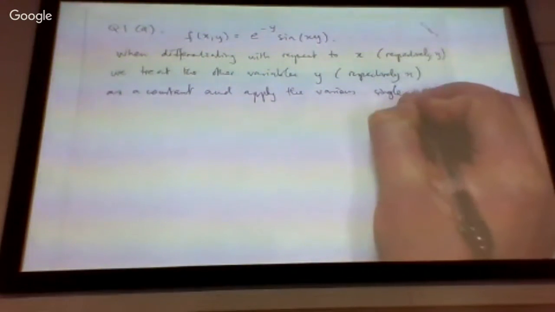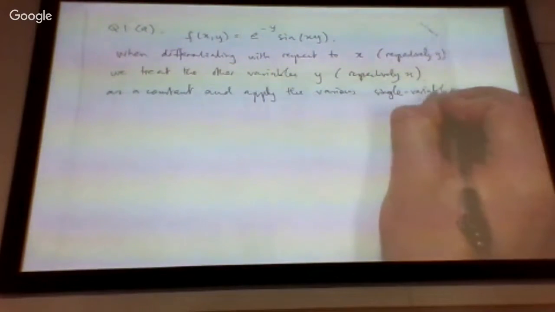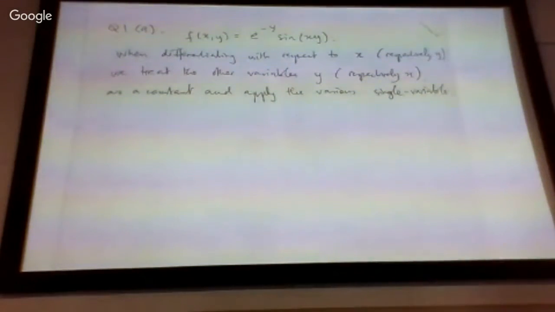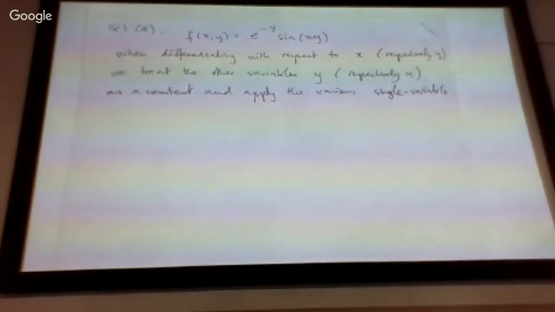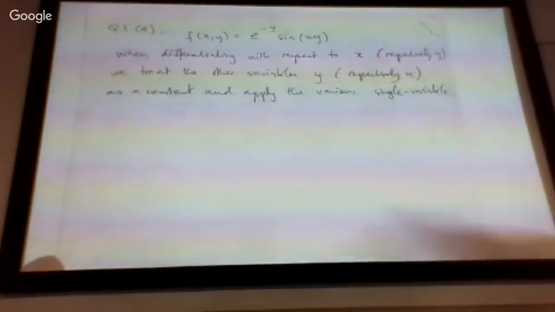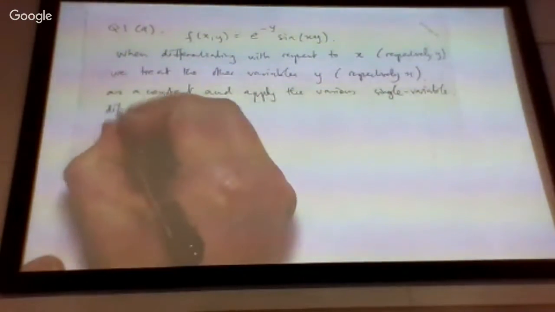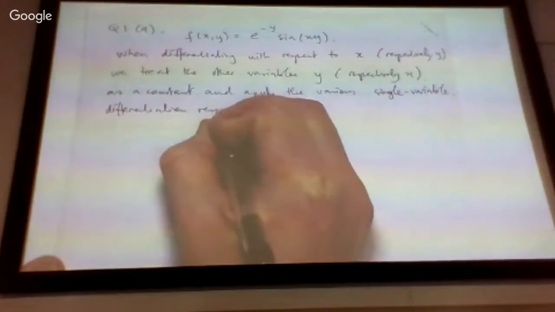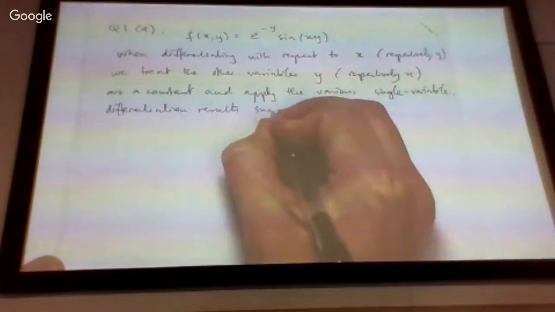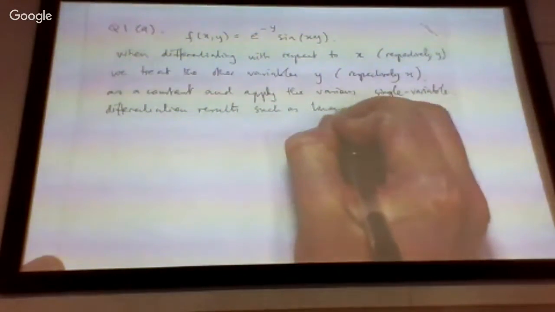Because once we got that comment in, the function of 2 variables, once you're regarding one of the variables as a constant, then really becomes a function of a single variable. Then apply the various single variable differentiation results, such as linearity, product rule, etc.